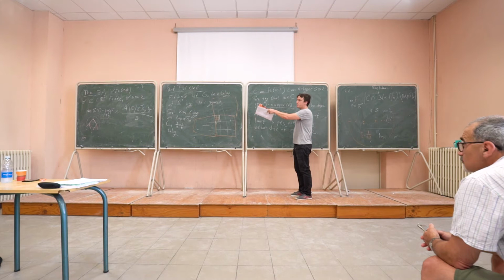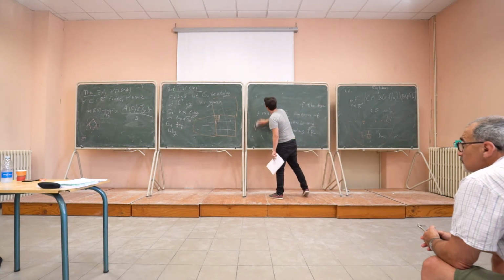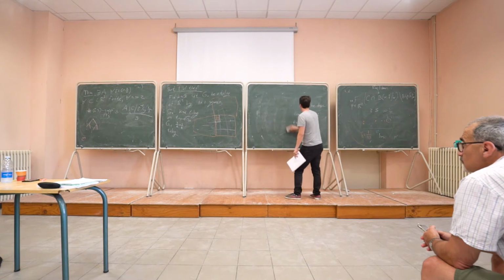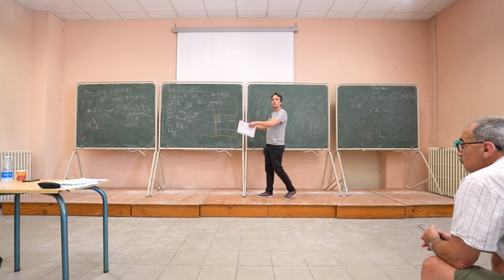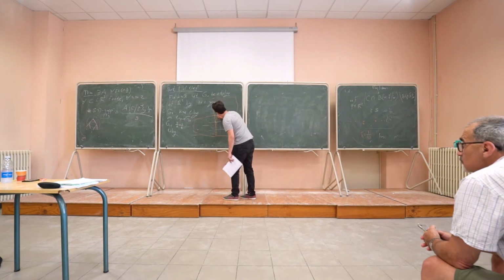We will reduce the lemma to the following statement. So we have our set of points, and we have this hierarchical collection of squares put on R2, and inside we have all sorts of points that belong to our set.